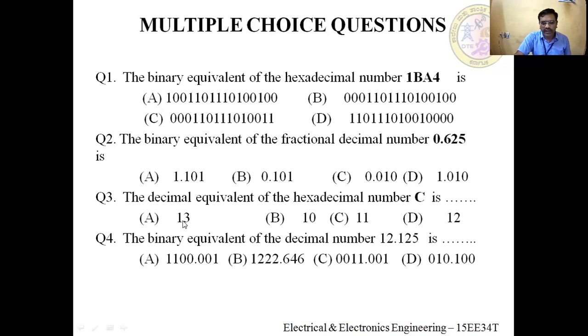Here 13 is wrong, 10 is wrong, 11 is wrong. For decimal 10 we write A, for decimal 11 we write B, for decimal 12 we write C. So C is the correct answer.